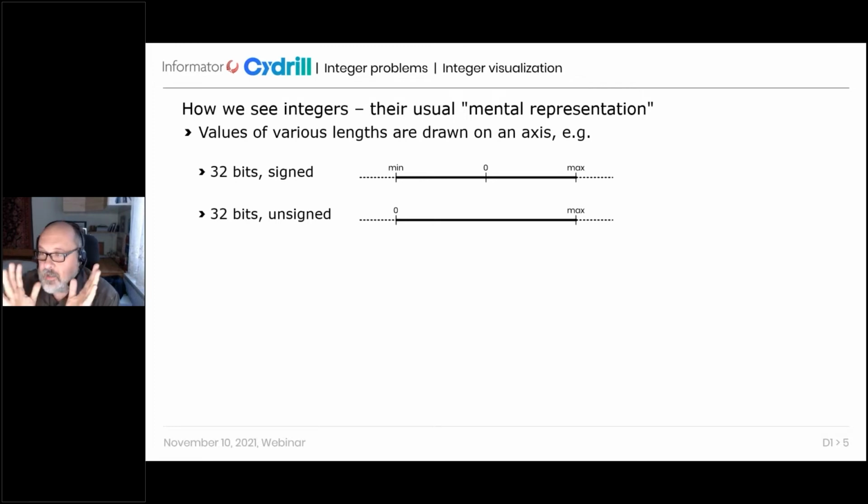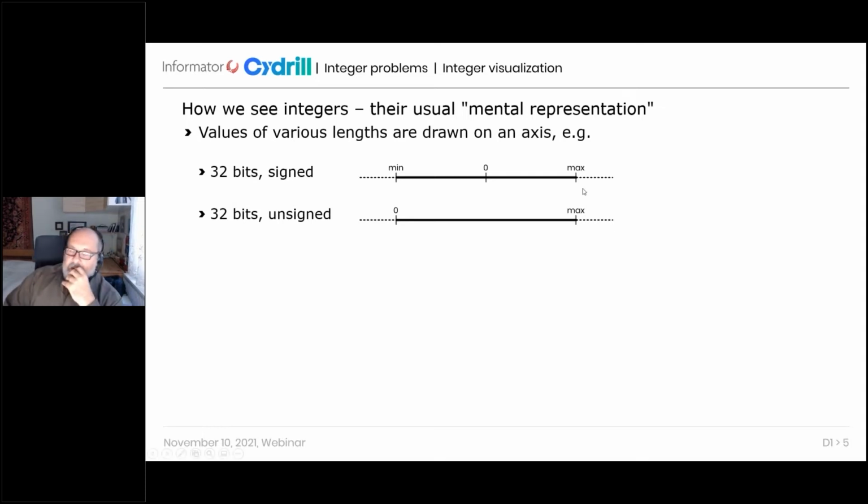So to go back to the slide, we draw an axis, and then we put 0, and we have all the numbers. But we all know that there is a limit. We all know that we are on a 32-bit arithmetic or a 64-bit arithmetic, no matter what. And then we basically have to put a limit there.